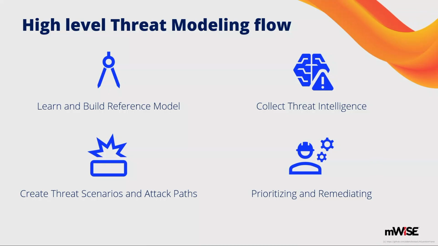And as we said earlier, to simplify this, exact same model. What are we working on? So that's the learn. What could go wrong? I would say that's the collecting the threat intel and building those threat scenarios. What are we doing about it? That's the recommendations. And then, did we do a good job?